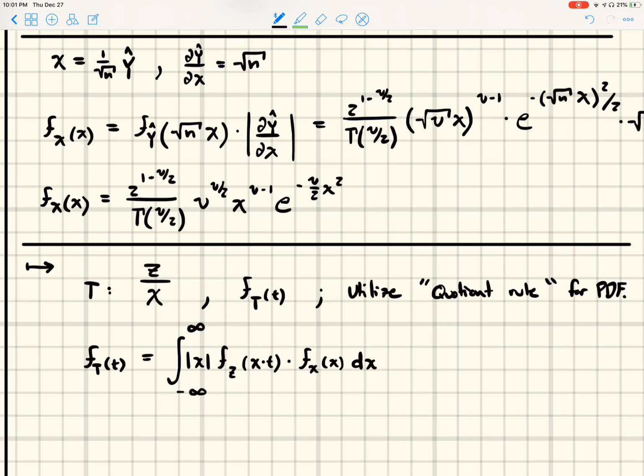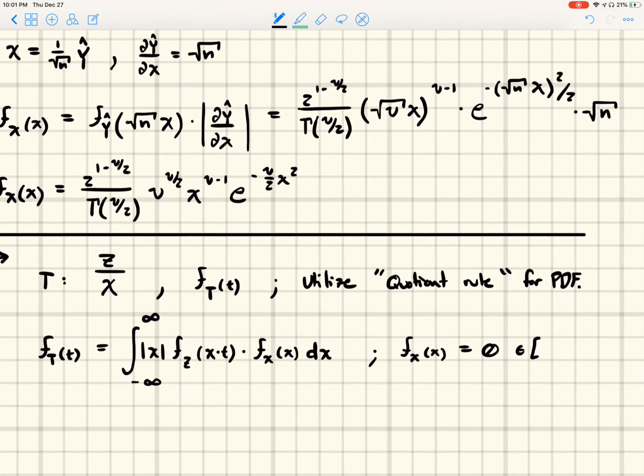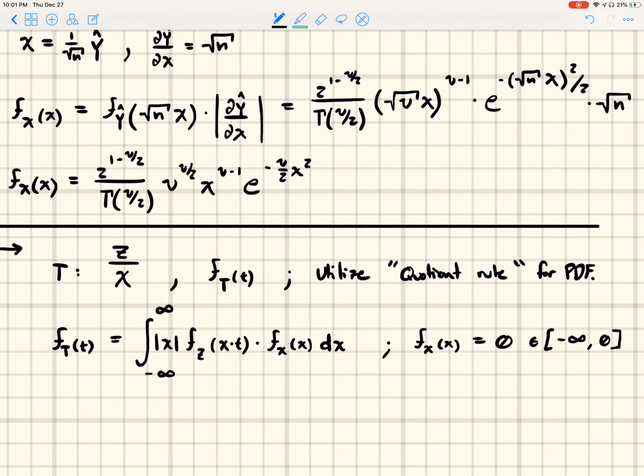And what's nice is if you take a look at the probability distribution function with respect to x, you notice that it's equal to 0 on the domain from negative infinity to 0. And then x being positive between 0 and positive infinity, we can actually rewrite this as the integral from 0 to positive infinity of x times our distribution functions, which we've derived above.